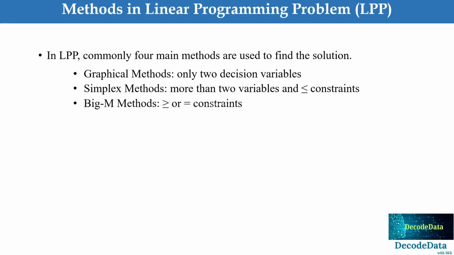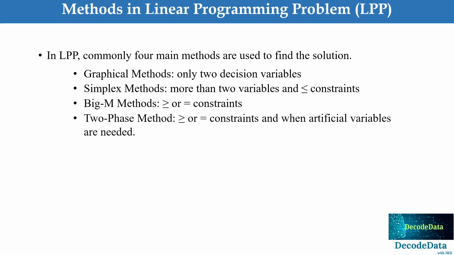The third method is called the big M method. Big M method is one of the methods to solve the LPP, and in this method, when the constraints are greater than equal to or equal, we use the big M method. And the next method is called the two-phase method.